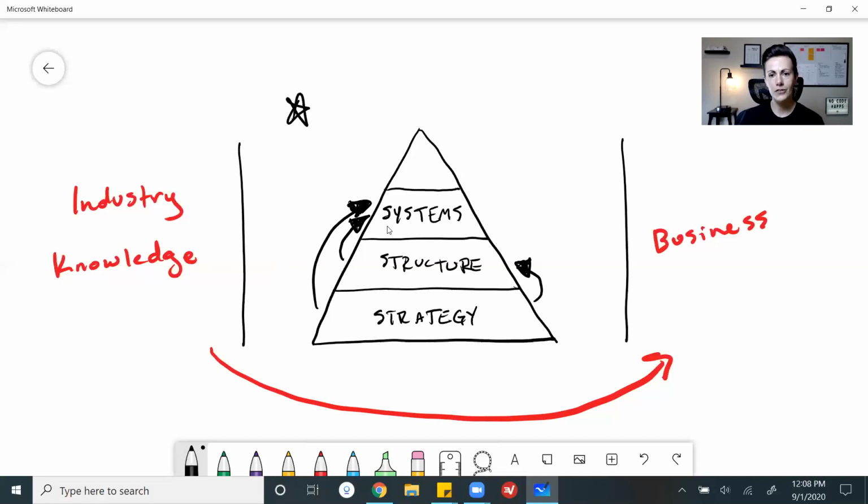Now, once you've done that, you have the strategy, you have the scalable structure, and you have those niche systems that are built on top of both of those previous things, this is when you can start thinking about scale. You can start thinking about actually being able to grow your app in terms of users.